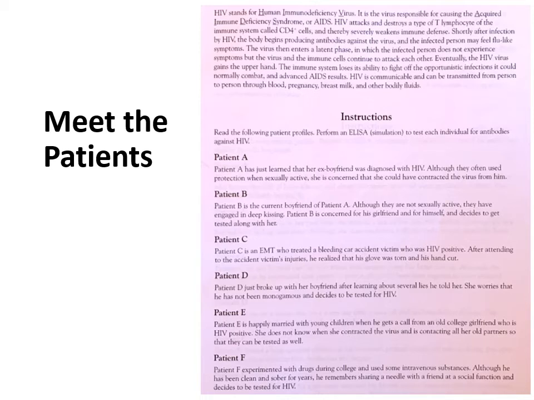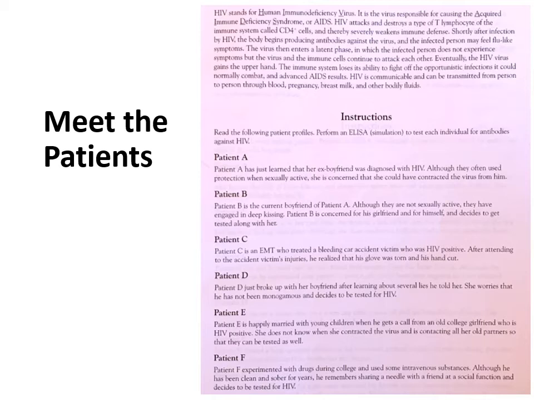Patient C is a sad scenario, and it's one that I want you to all pay attention to because a lot of you are going into the medical field, either as nurses, PAs, or even working as EMTs right now, and this is a real possibility. Patient C was treating a bleeding car accident victim, but at the time didn't know that the person was HIV positive.